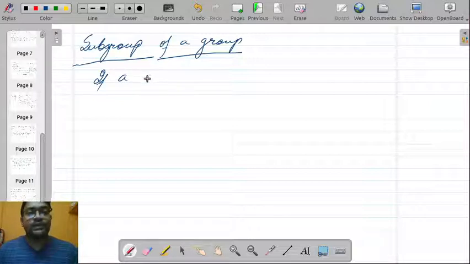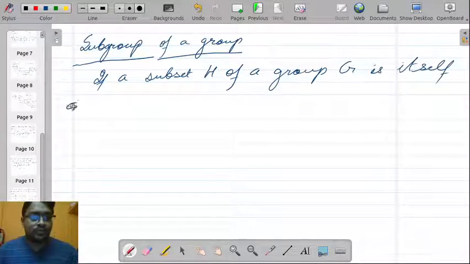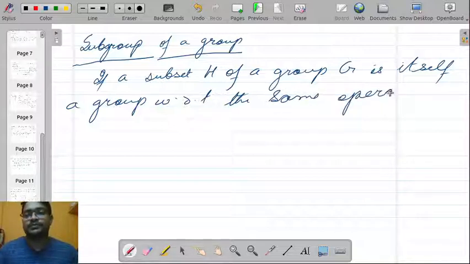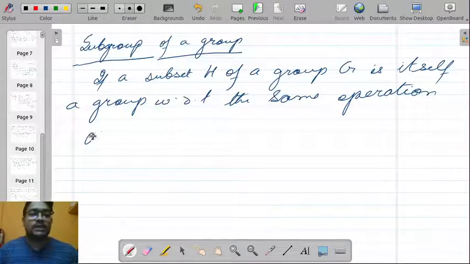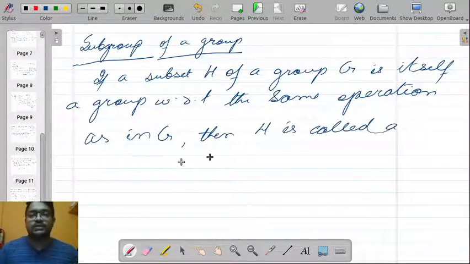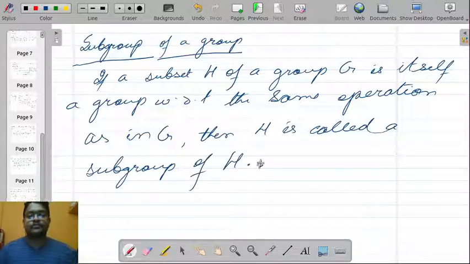So if a subset H of a group G is itself a group with respect to the same operation as in G, then H is called a subgroup of G. Right?